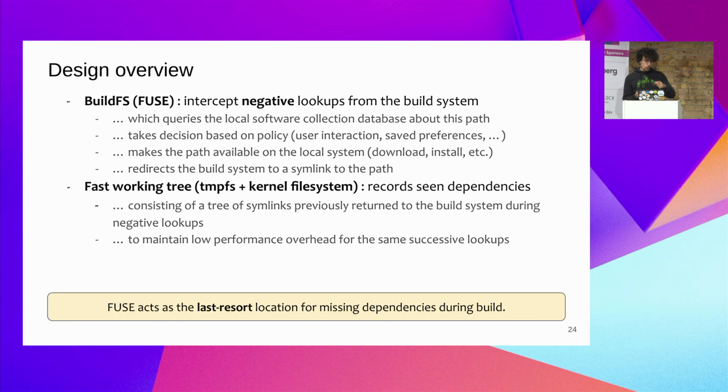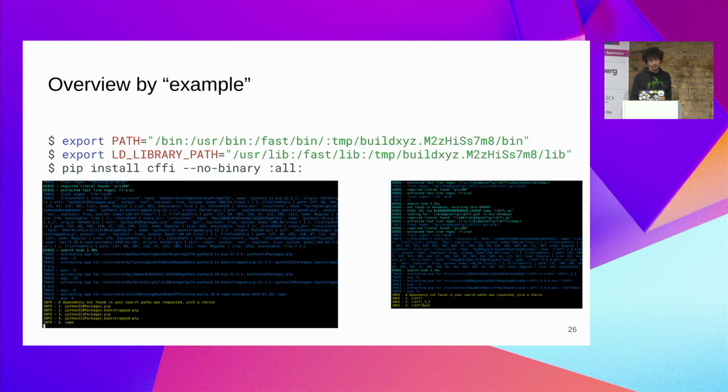So whenever you encounter a first missing package, you're not only returning the file, you ensure that the whole package itself is made available in the second component, which is the fast working tree, which is just a classical kernel file system, tmpfs, that contains extensions as you go of your environment as you're discovering it. This way, you maintain low performance overhead for any successive lookup, including lookup of the same package. So it's very important to notice that FUSE is really the last resort here.